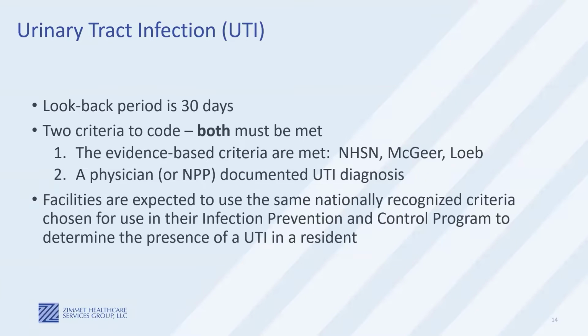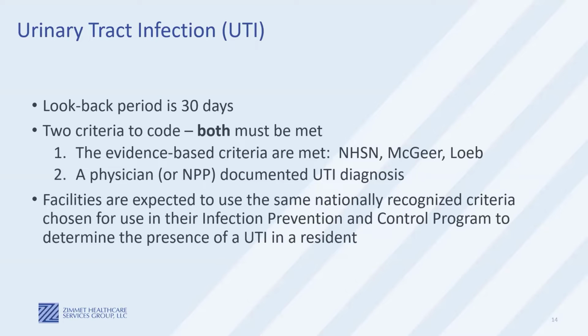So using that infection control, for example, we have the NHSN criteria. Those definitions have specific criteria for symptomatic UTIs without an indwelling catheter that has that algorithm with the fever, symptoms, urine culture results, for example. They have another criteria for catheter-associated UTI and one for asymptomatic bacteremic UTI with or without an indwelling catheter.